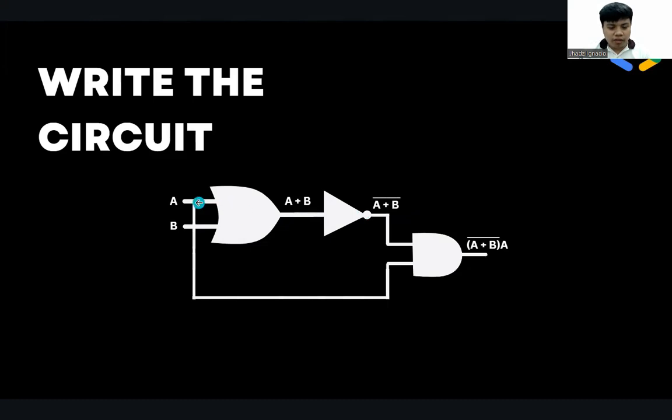On the other hand, we have the input A here, connected to an AND gate. The final result is (A or B) bar connected to an AND gate together with A, resulting in (A or B) bar A.